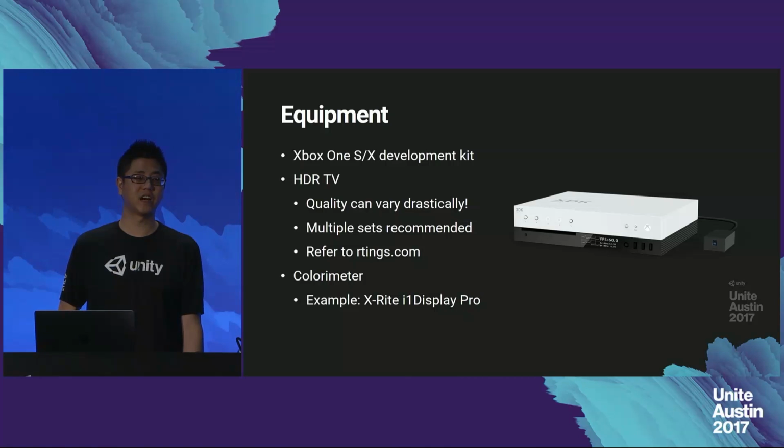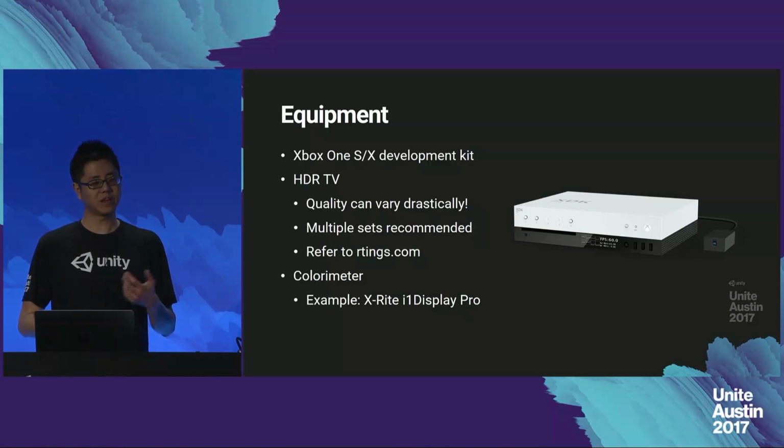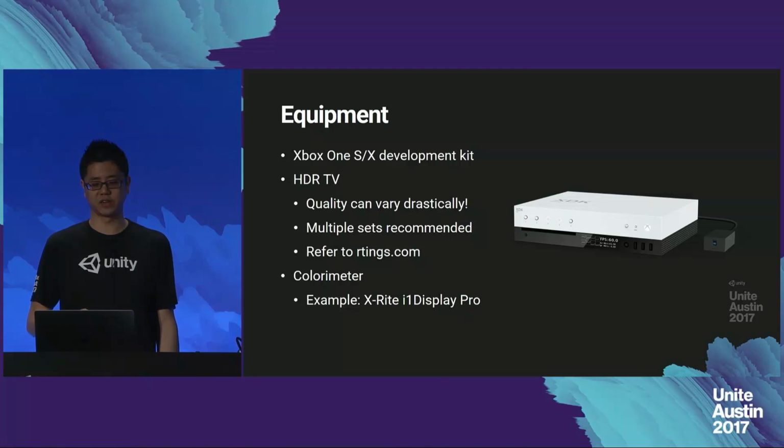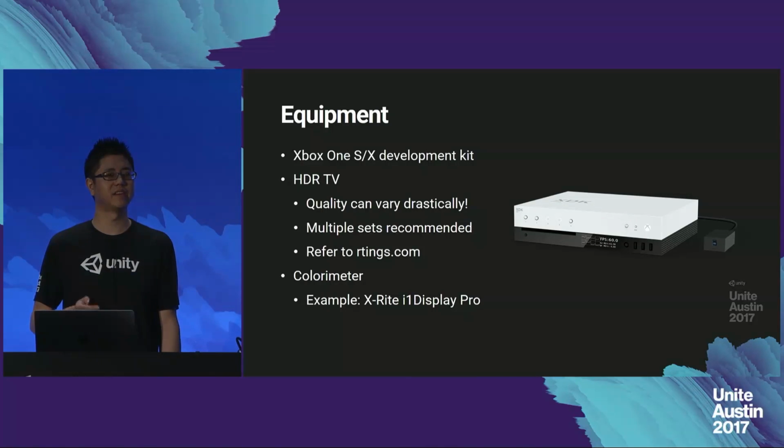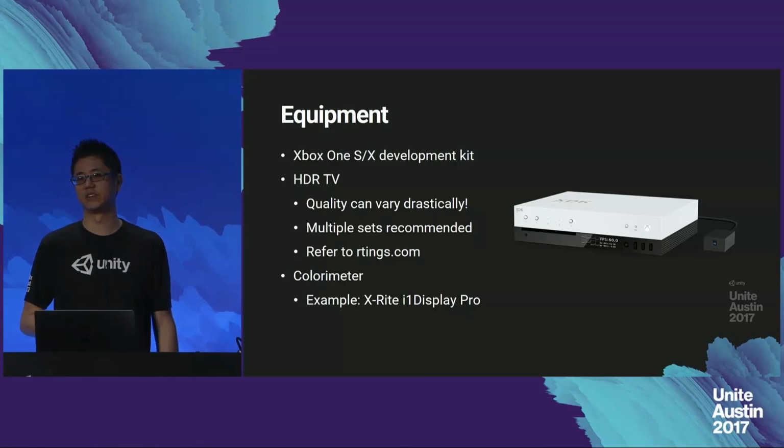However, more HDR monitors are expected to roll out sometime next year. Color calibration is another step that you may want to consider as well, since every manufacturer is almost certainly going to have different settings on their HDR TVs. The X-Rite colorimeter is one such tool that's been well received, and it runs a little under $300.